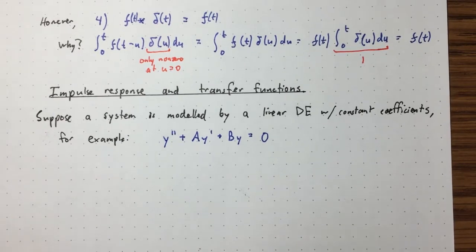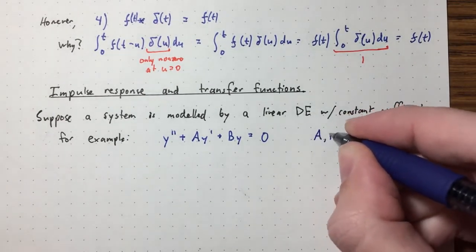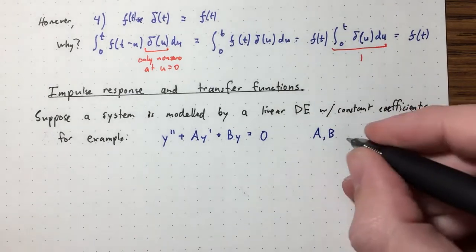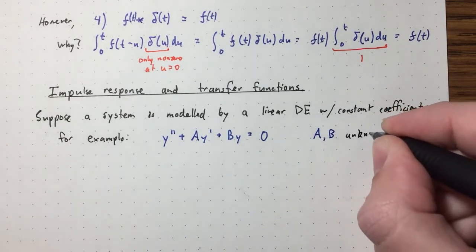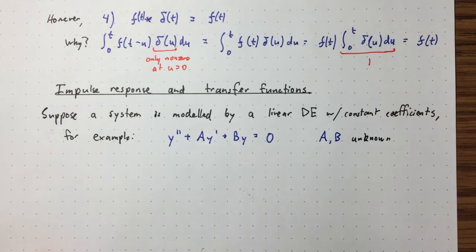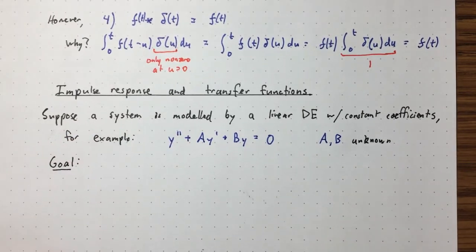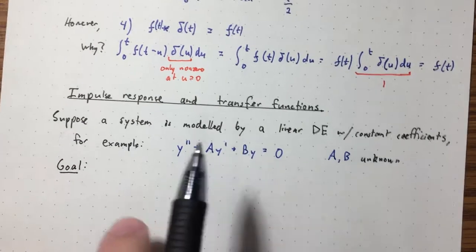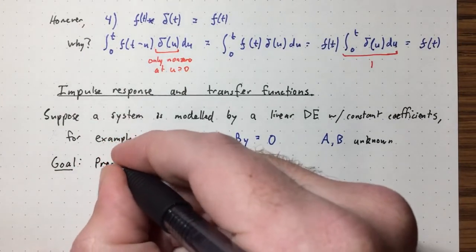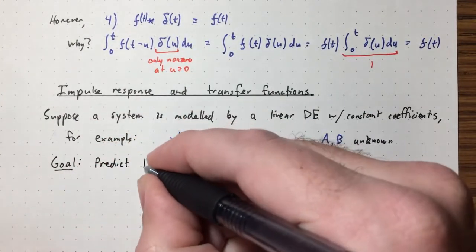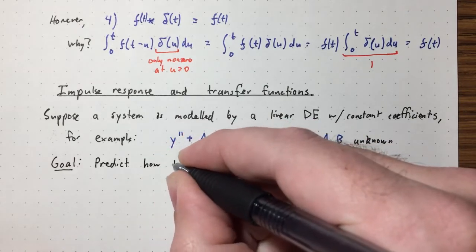Let's suppose we don't know anything about a and b, so they're unknown. And our ultimate goal would be to predict how this system will respond.